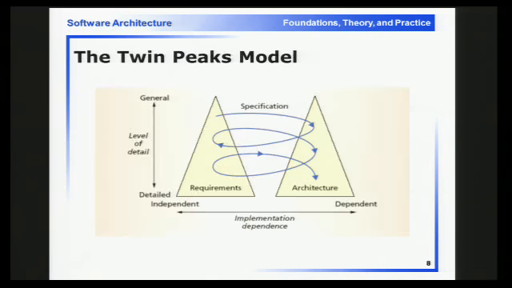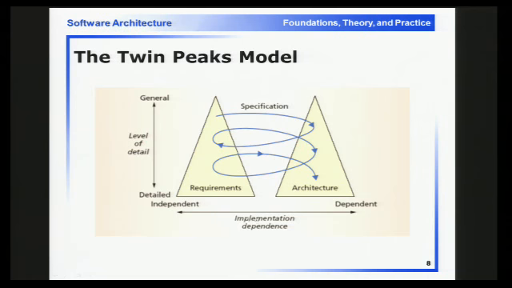Okay. So by looking at the role of architecture in the software requirements, there is a very famous model called the Twin Peaks model, which shows the co-evolution, the co-development of software requirements and the software design and architecture. The Twin Peaks model is drawn from two dimensions.